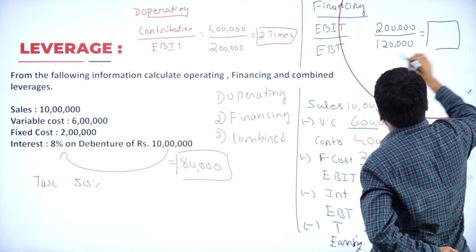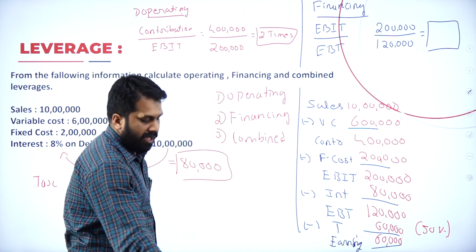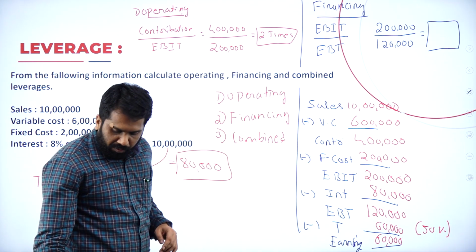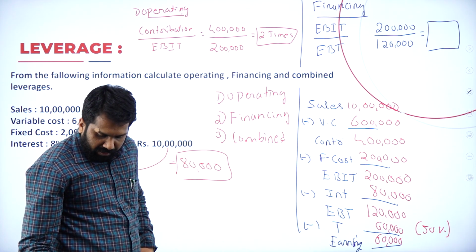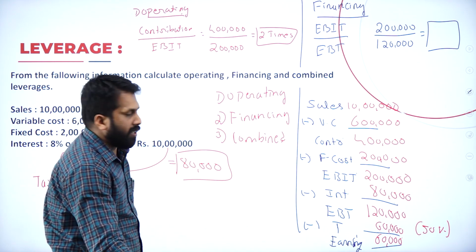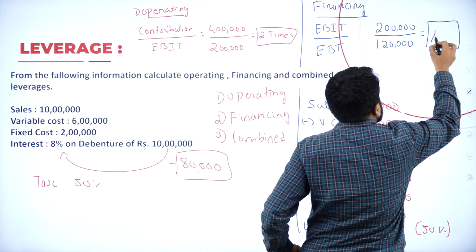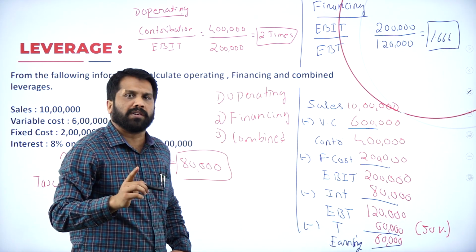What is your answer? 2 lakh divided by 1,20,000. So I got around 1.66. 1.666 we got as the answer. Hope you are clear.